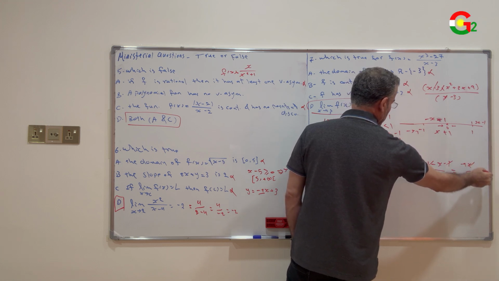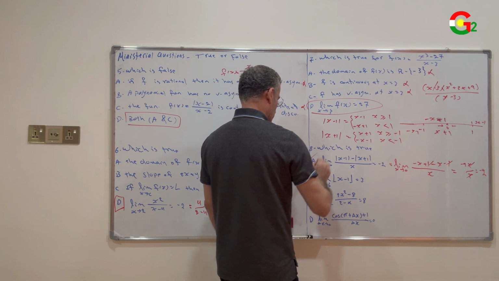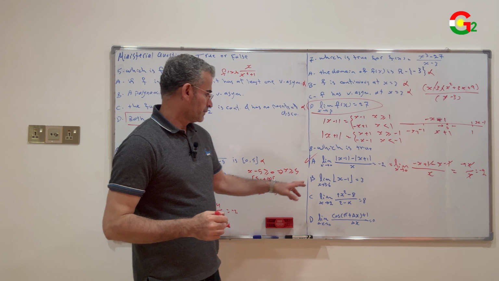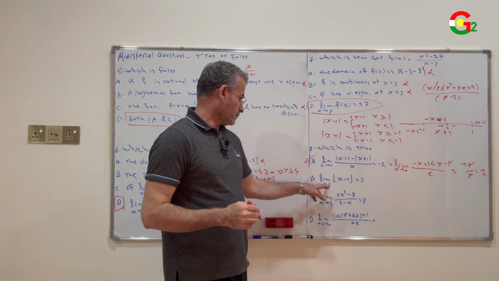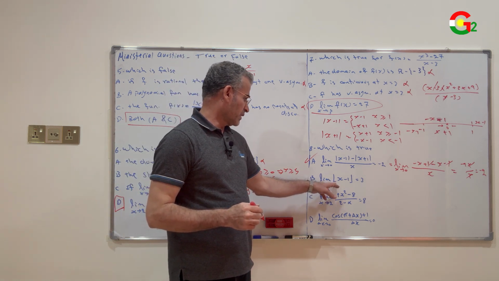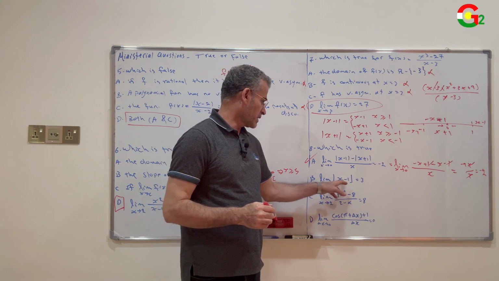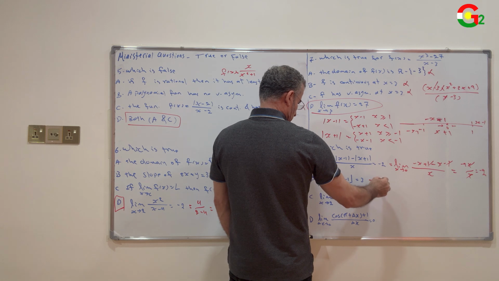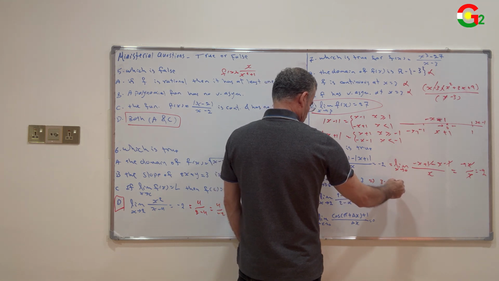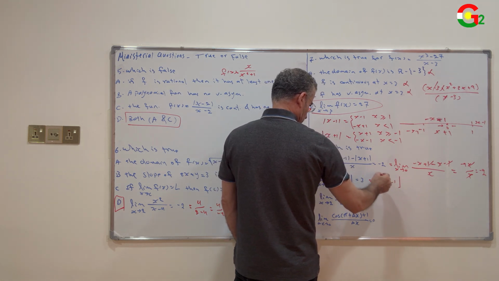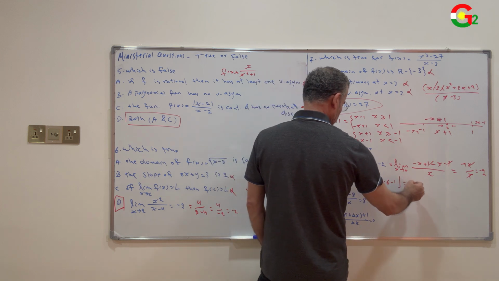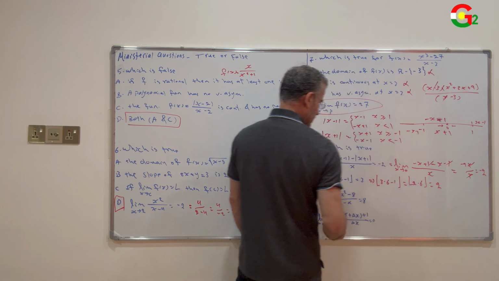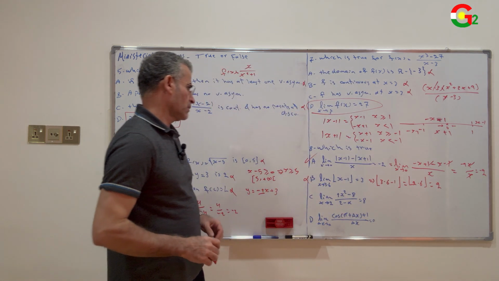X with x, the answer is negative 2. This limit is right. The limit as x approaches 3.6 of the greatest integer of x minus 1 equal 3. The answer is 3.6 minus 1, greatest integer. For this value, it is 2.6, and the greatest integer is 2, not 3. It is wrong.